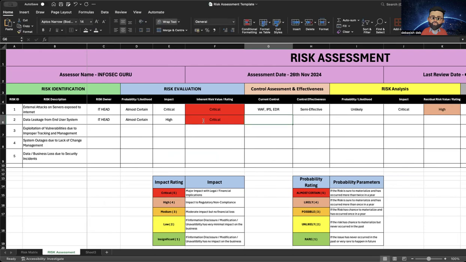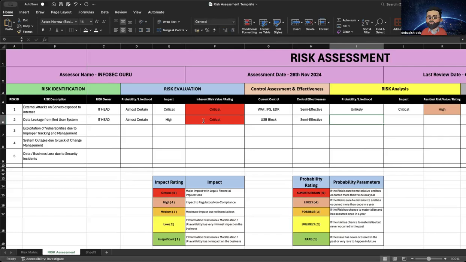Now, what is the current control? The current control is that we have USB block in all our end user systems. Again, this is semi-effective because nowadays there are a lot of ways, like cloud storage services such as Google Cloud, Box, and OneDrive, where we can put the data and then maybe leak that data, right?